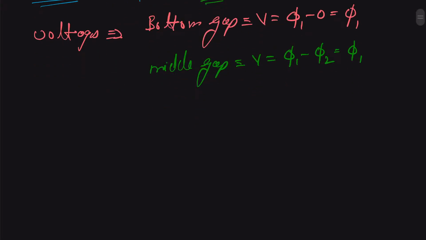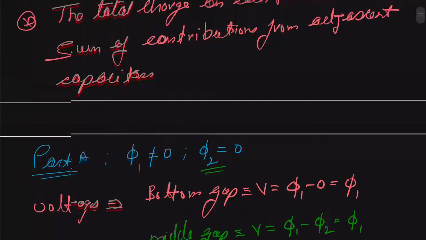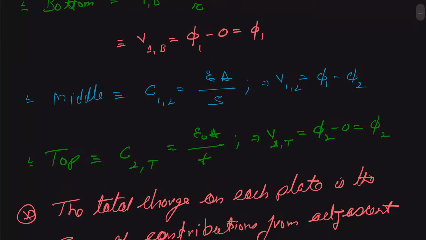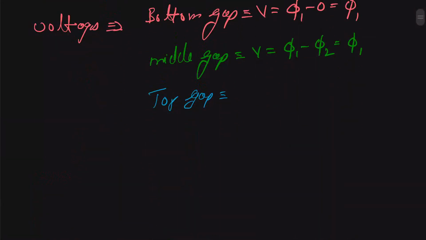And then we come to our top gap, and for the top gap, we know that the equation is phi 2 minus 0, and we know that phi 2 is 0, so this also gives us 0.